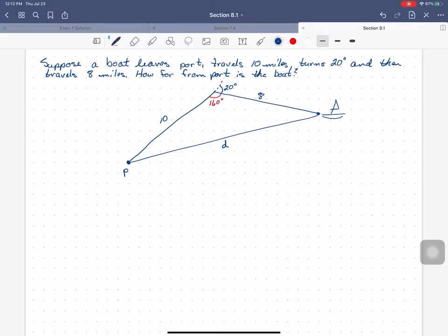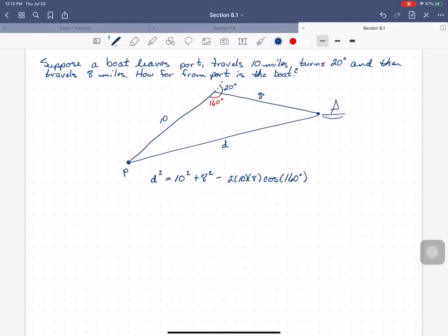Now the law of cosines tells me that d squared is equal to 10 squared plus 8 squared minus that correction factor, 2 times 10 times 8 times the cosine of 160 degrees.